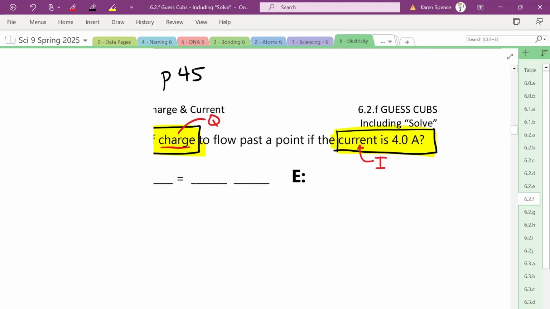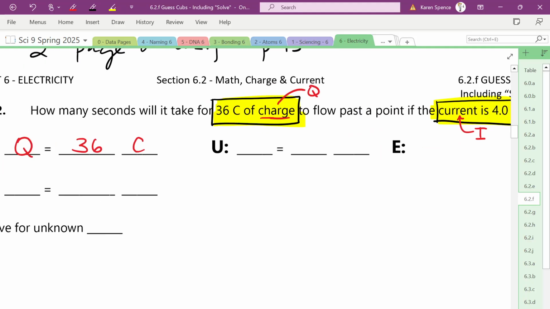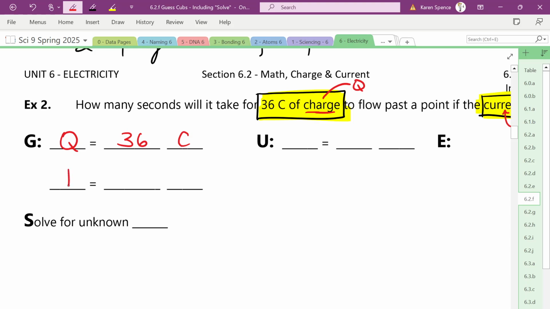So now we know that I is 4.0 amps. And our unknown: look for your question word, which is who, what, where, why, when, or how many. How many? That's our unknown.